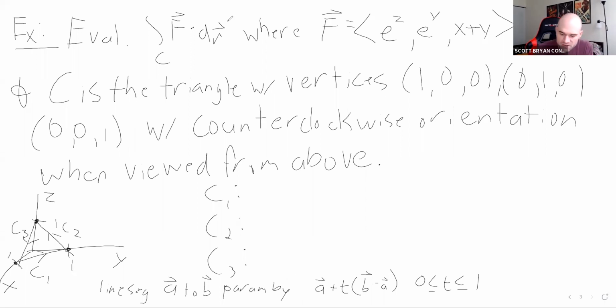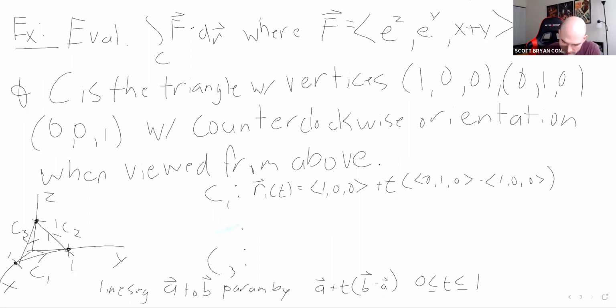So with that in mind, for C1, we start at (1, 0, 0) and end at (0, 1, 0). We'll call this r1 of t. So start at (1, 0, 0) plus t times (0, 1, 0) minus (1, 0, 0).